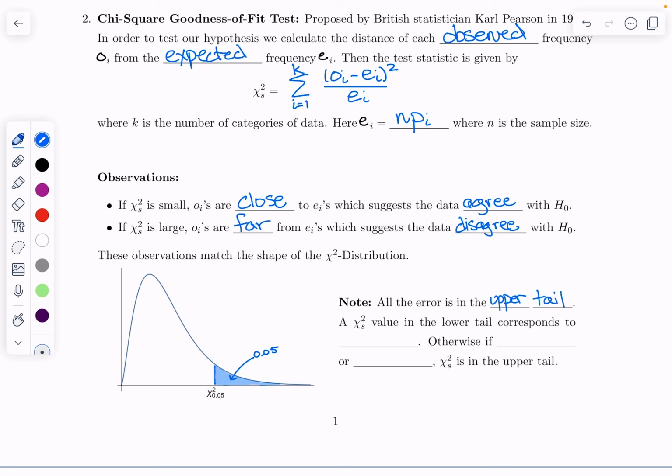And so a chi-square in the lower tail will correspond to observed frequencies being kind of close to expected frequencies. But otherwise, if the observed frequencies are much bigger than the expected frequencies, or much smaller than the expected frequencies, we'll get a large chi-square statistic that'll put you in the upper tail, and that will allow us to reject the null hypothesis.